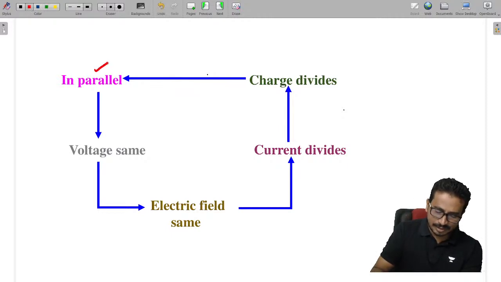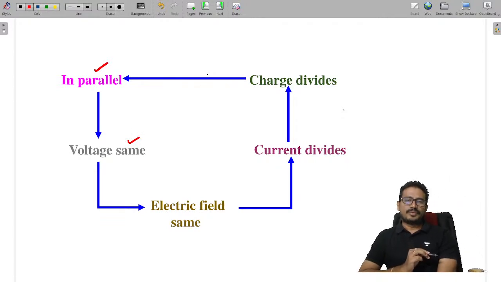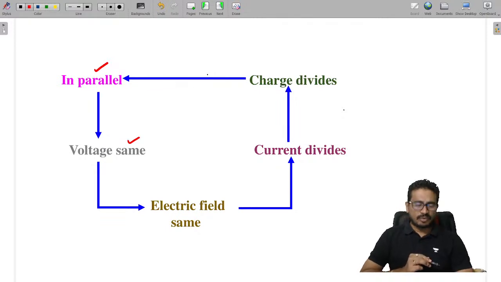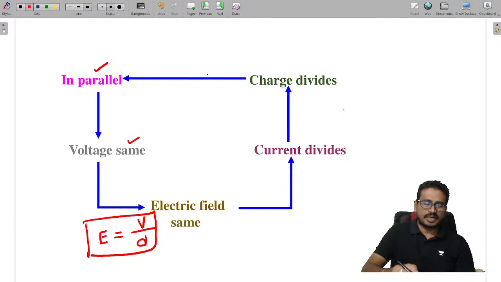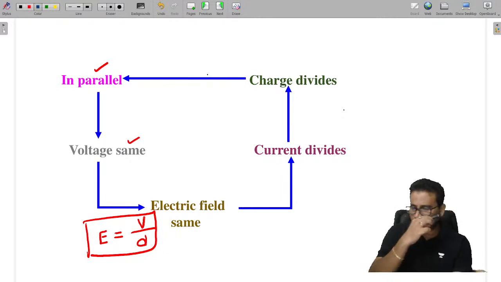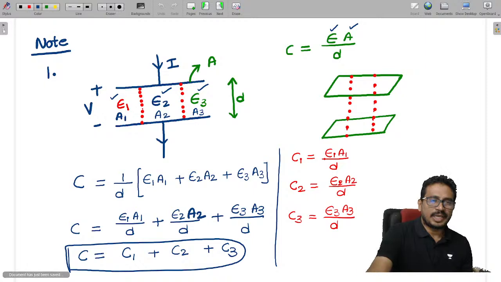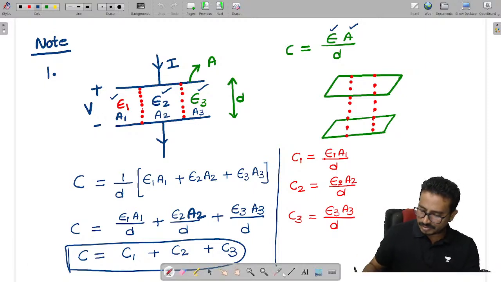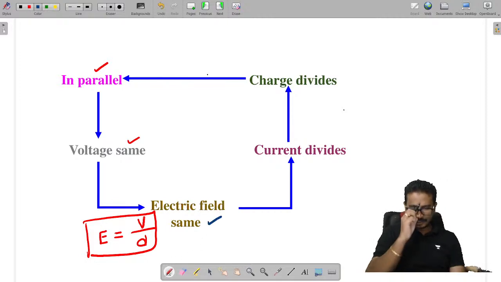In parallel connection, the voltage across each capacitor is the same. For the one-dimensional case, the electric field E is equal to V by D. The potential across each plate is the same, and D, the distance between the plates, is also the same in all cases. So V by D remains the same. That's why the electric field is the same.